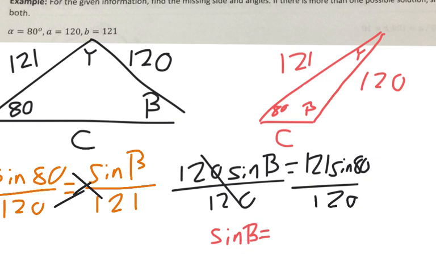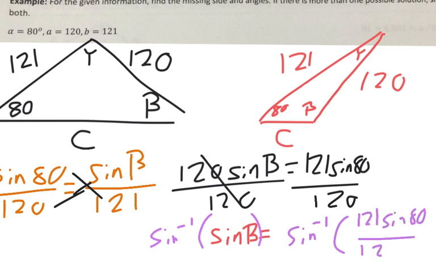So in order to get beta isolated, I must take an inverse sine of both sides. Here is where the two possible triangles can come into play. Because, let's talk about this very quickly before we calculate it.